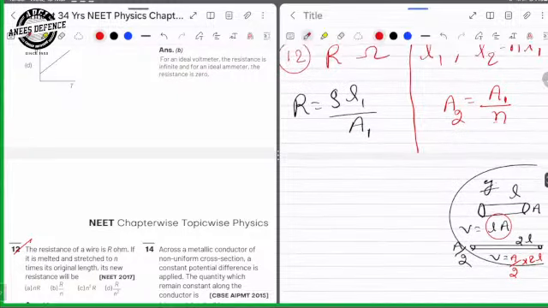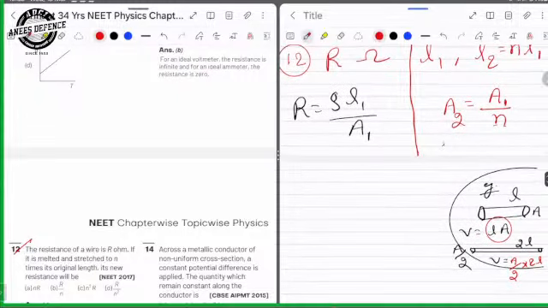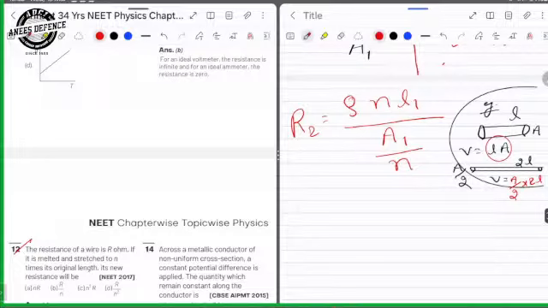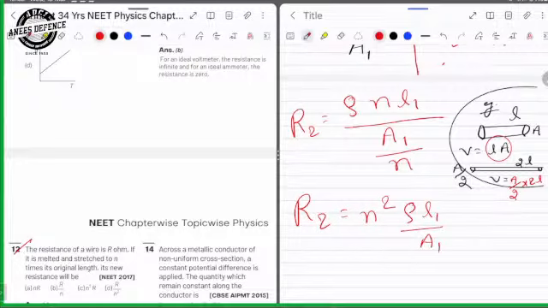So now from here, final resistance R2 is equal to what? Material is same, resistivity is same, rho L. L is how much? N times L1. Area is how much? A1 upon n. Yes or no? So R2 is equal to what? N will go up, so you can write n squared rho L1 upon A1.